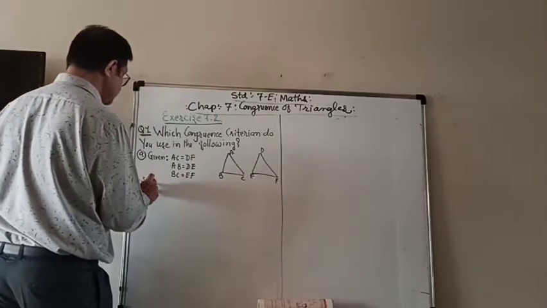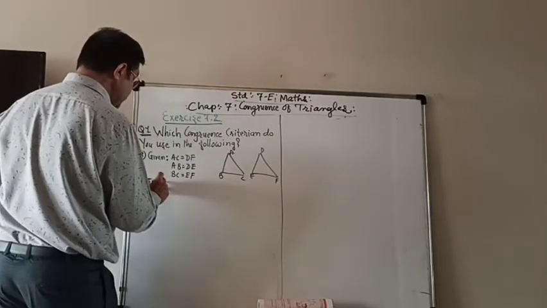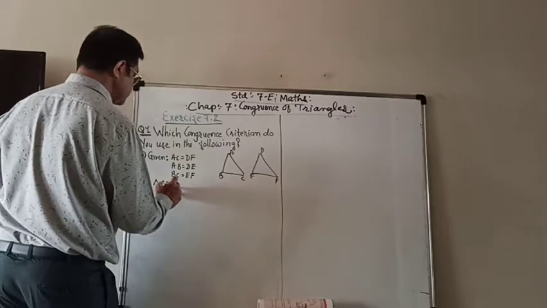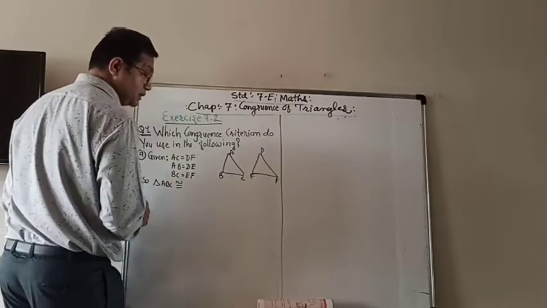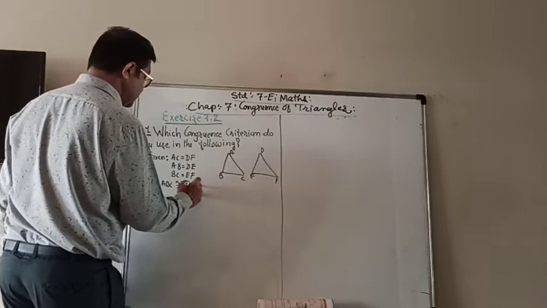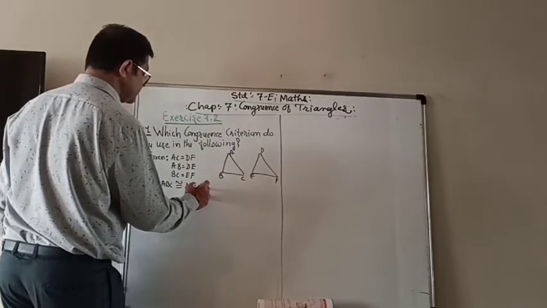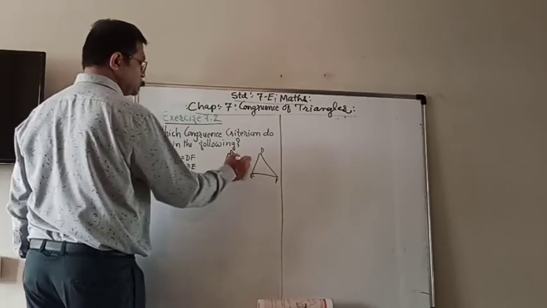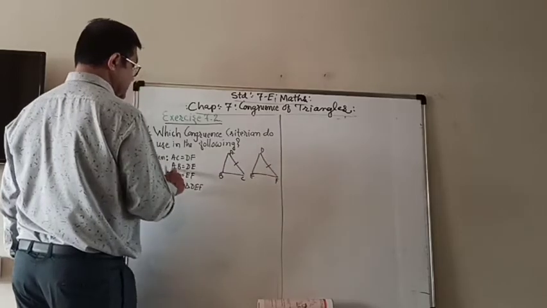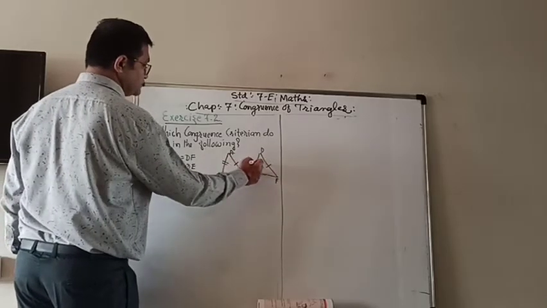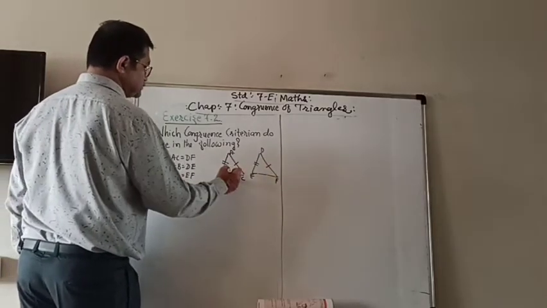So, triangle ABC congruent to triangle DEF. Here you can see that AC is equal to DF, AB equals DE, BC equals EF.